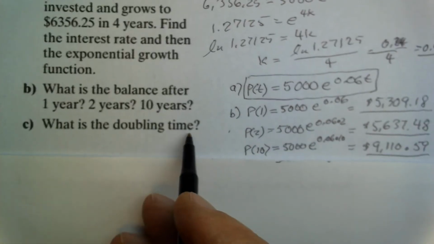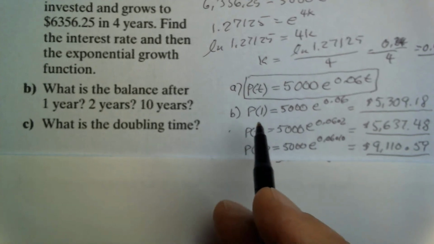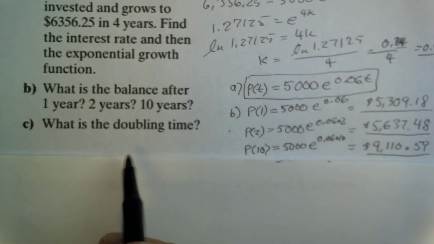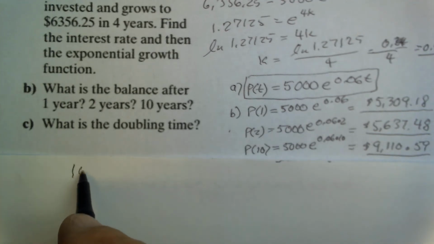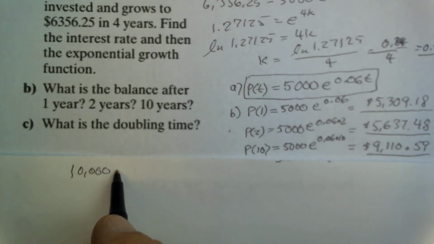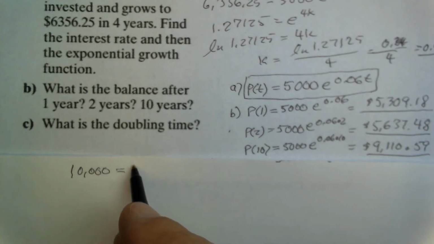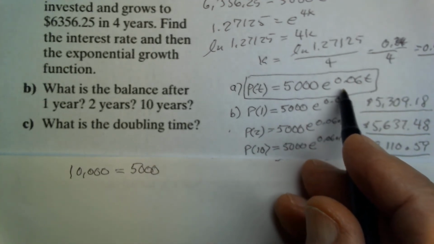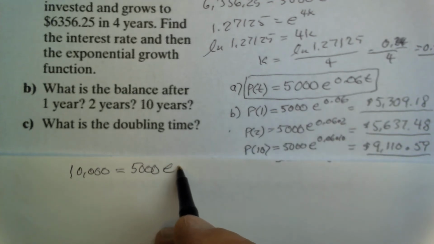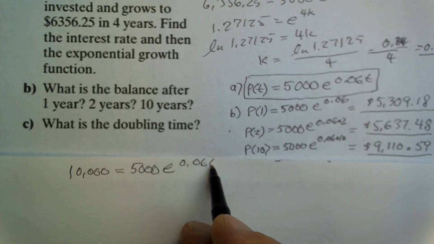For part C, what is the doubling time? Again, here's our original function. So for the doubling, now we want P of t equal to 10,000 equals 5,000 e to the 0.06t.